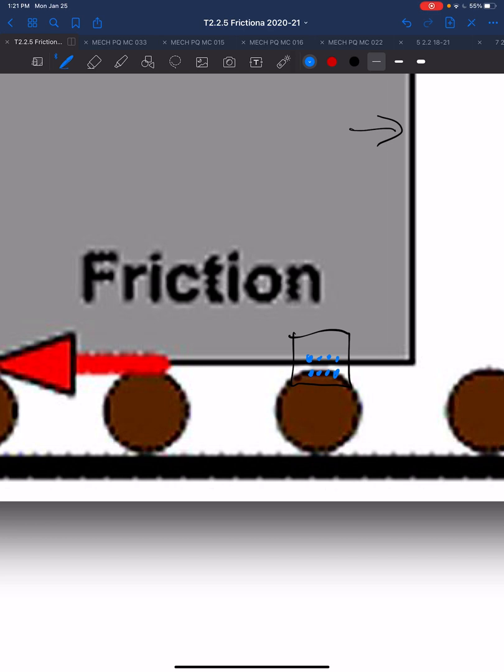as the block is pushed to the right, the molecules here remain stationary. In other words, there is no sliding of those atoms past each other. There is friction, static friction, and that allows and causes this to roll in this direction as the block moves to the right.